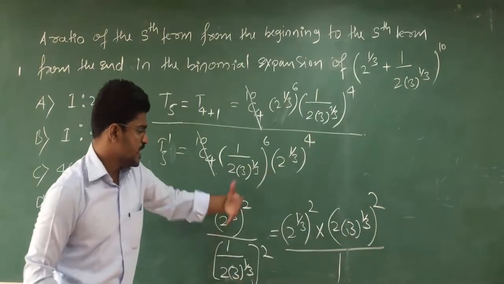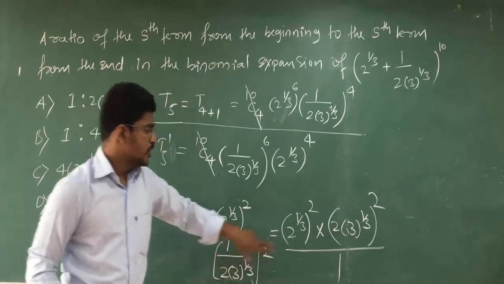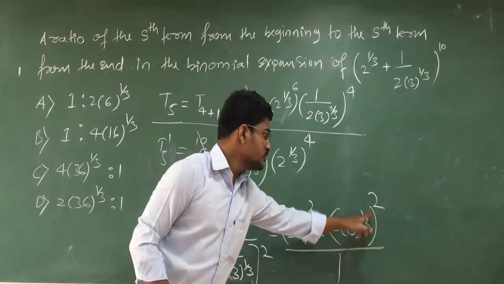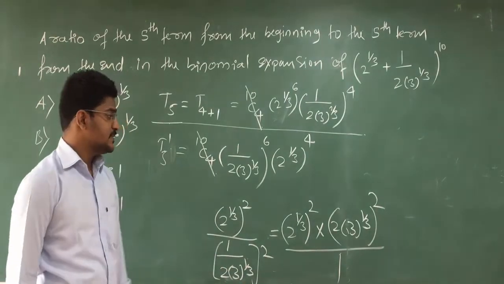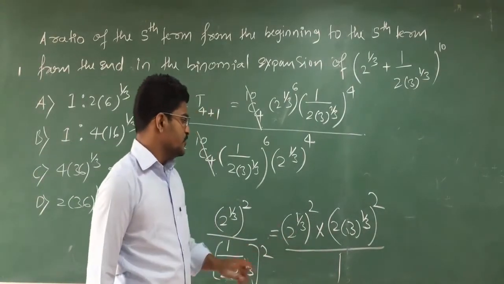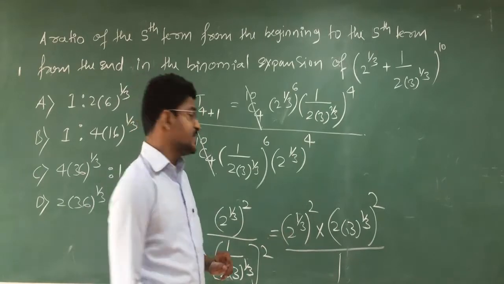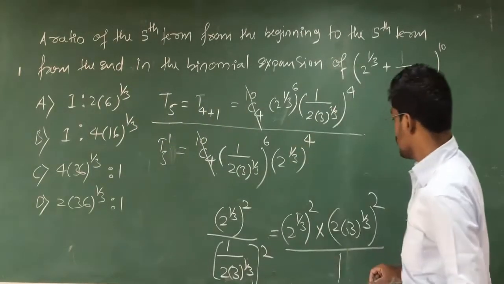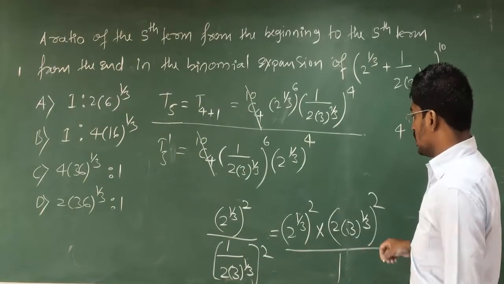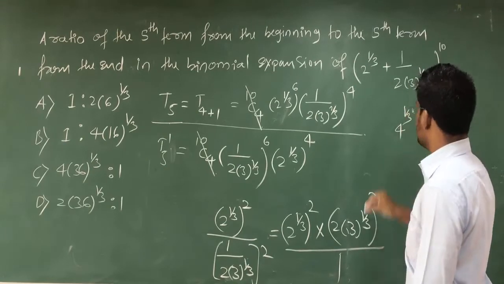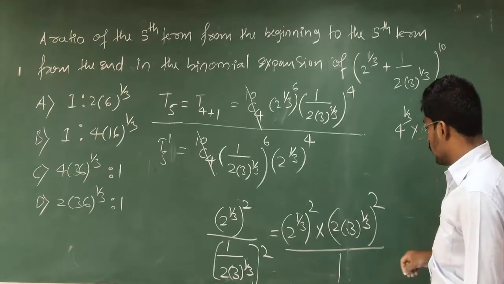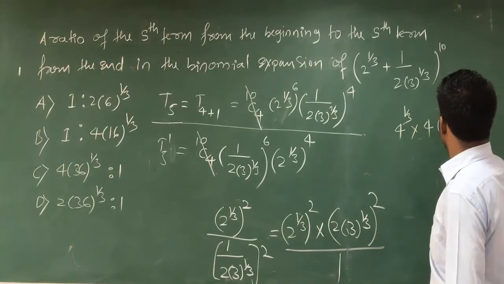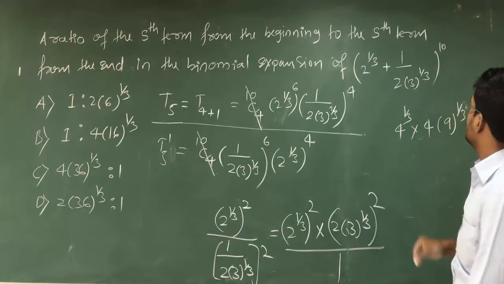If I multiply this here, it will be (2 into 3 to the power of 1 by 3) whole square divided by 1. As you all know, it is very basics. Now here if I simplify, I can write this as 4 to the power of 1 by 3, and this as 9 to the power of 1 by 3.